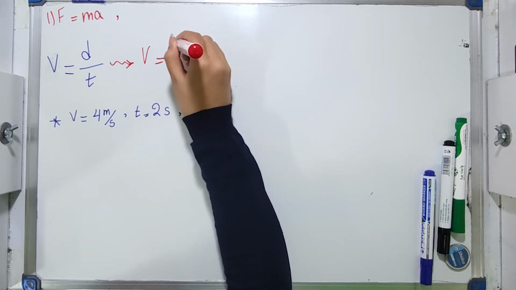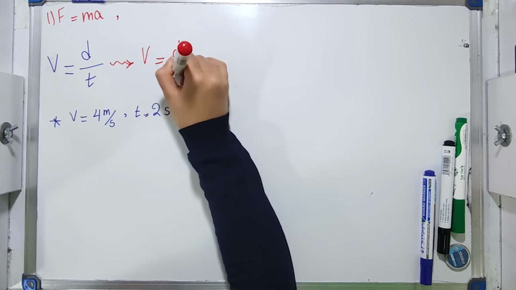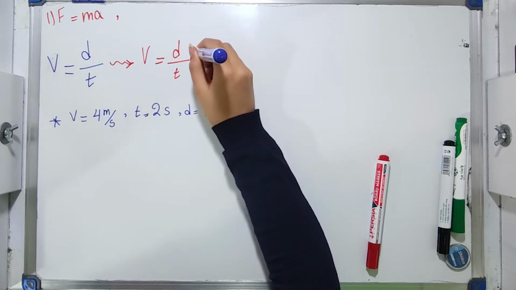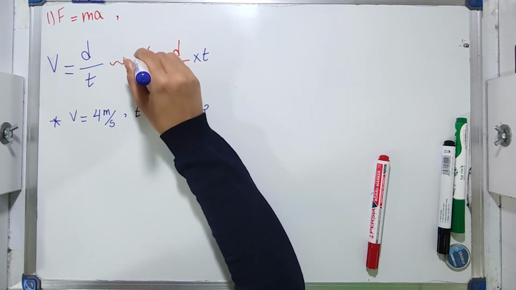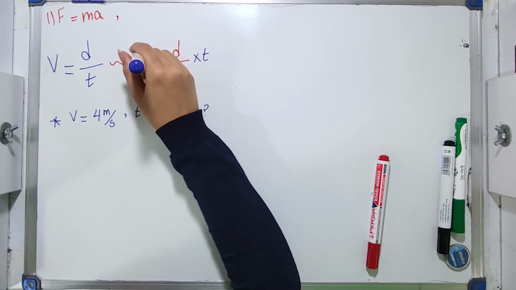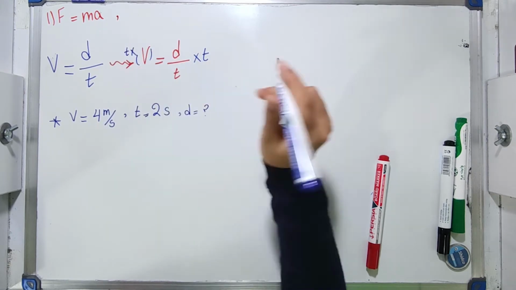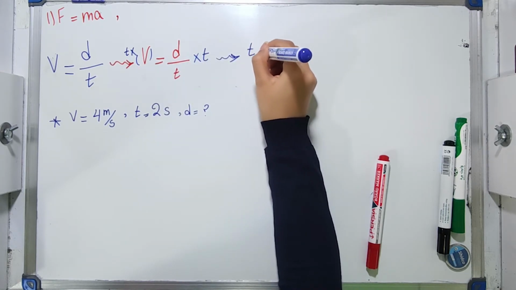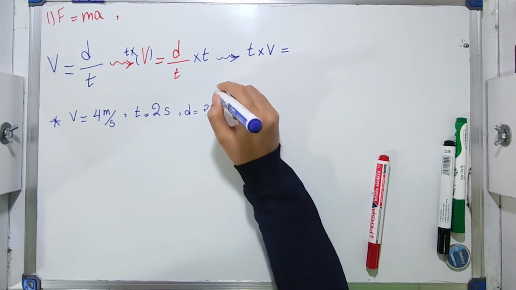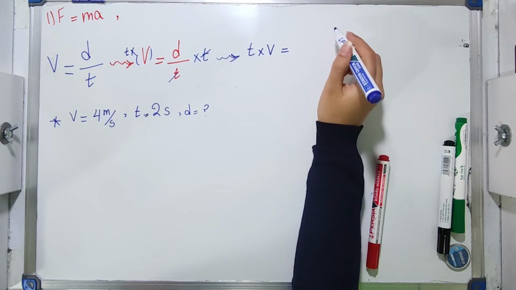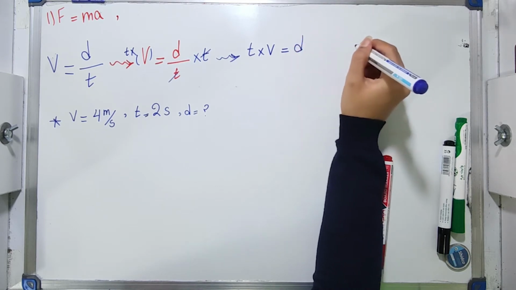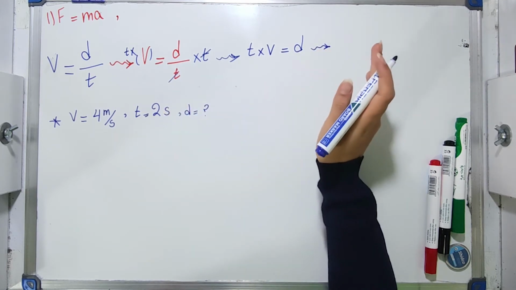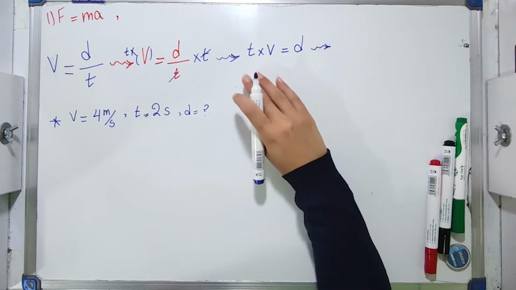So because I want to cancel T, I multiply both sides by T. So what I have here is T times V. Here, these two T's can cancel each other and it is equal to D. And you can either put numbers and then solve, or after solving by parameters, put your numbers.